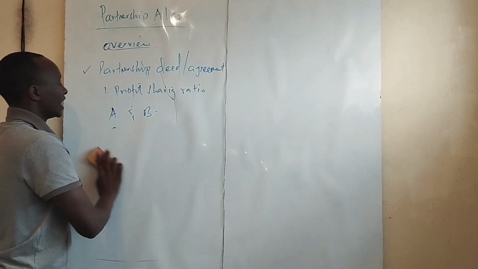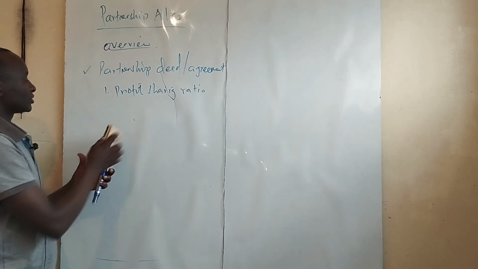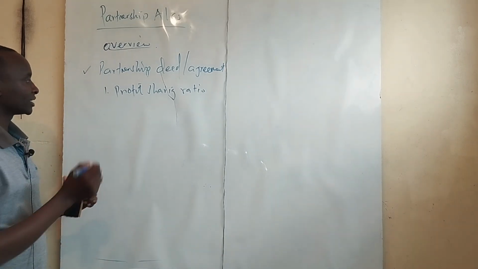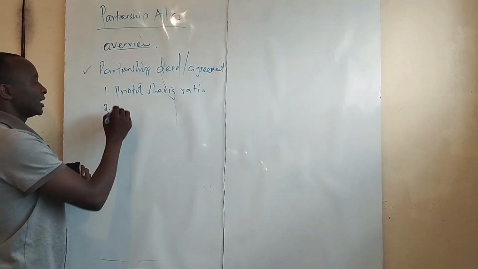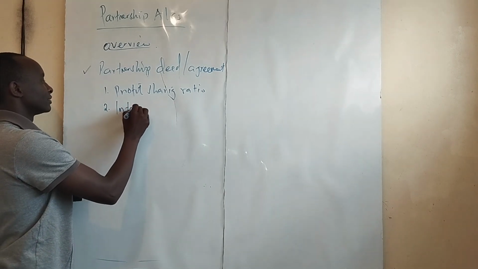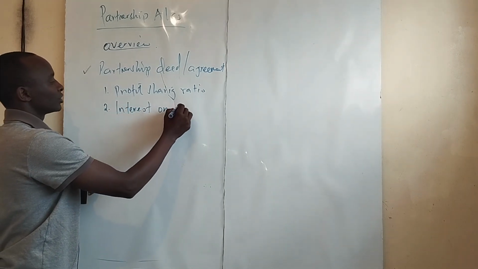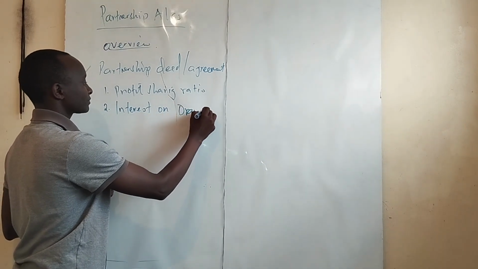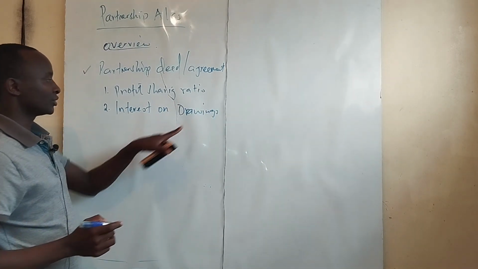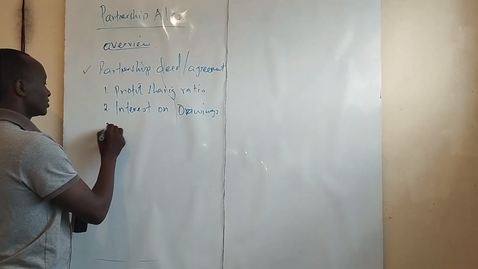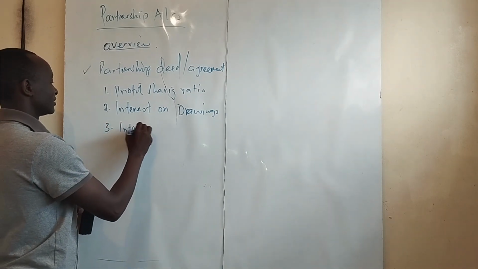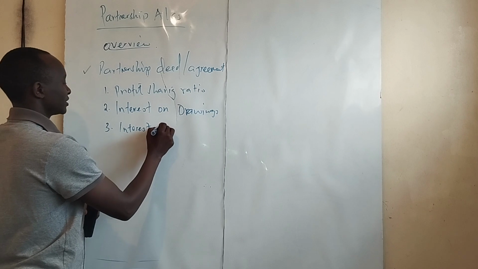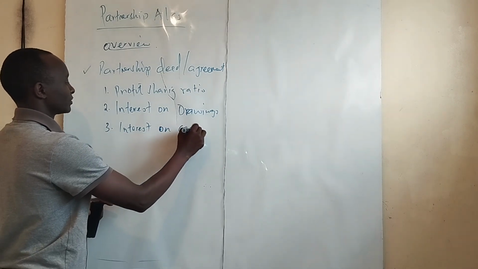The partnership deed or agreement should also clearly show the interest on drawings. But before we look at the interest on drawings, let's look at the interest on capital.